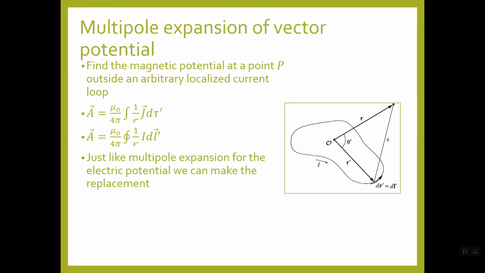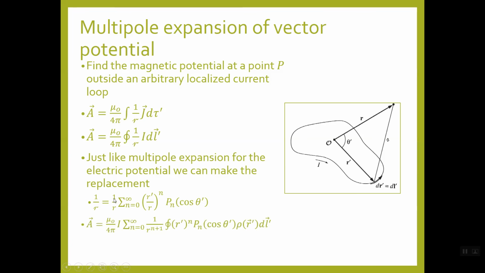Just like for our multipole expansion for the electric potential, we can make the replacement. We found that 1 over the separation vector r we could write as 1 over r, the sum n equals 0 to infinity, r prime over r to the n, times these Legendre polynomials of cosine theta prime. You can look back at our lecture slides on the multipole expansion of the electric potential to see how I got to this expression.